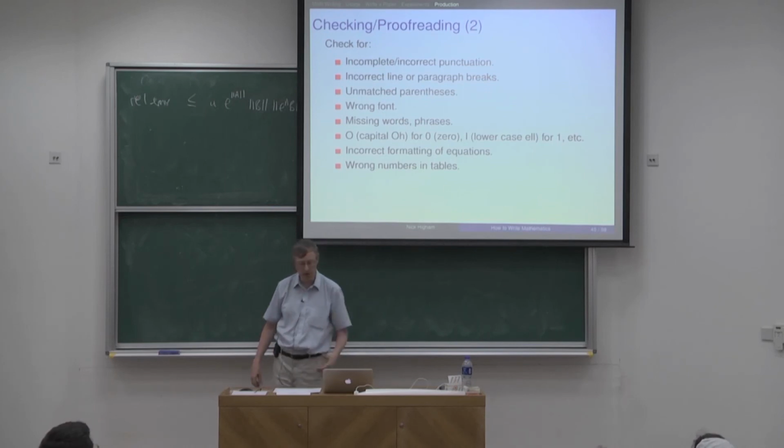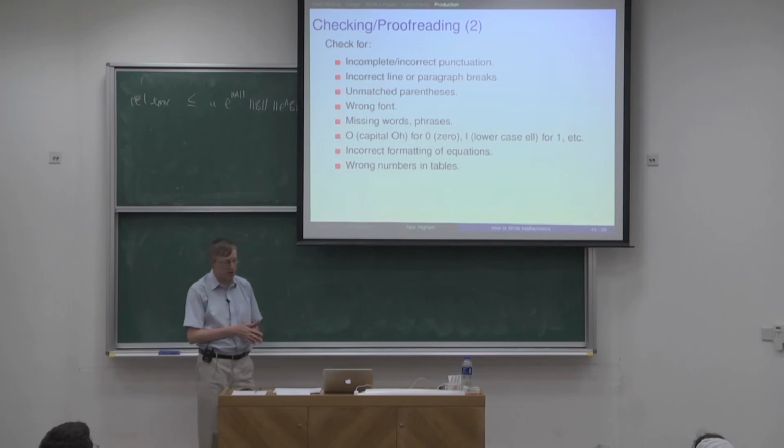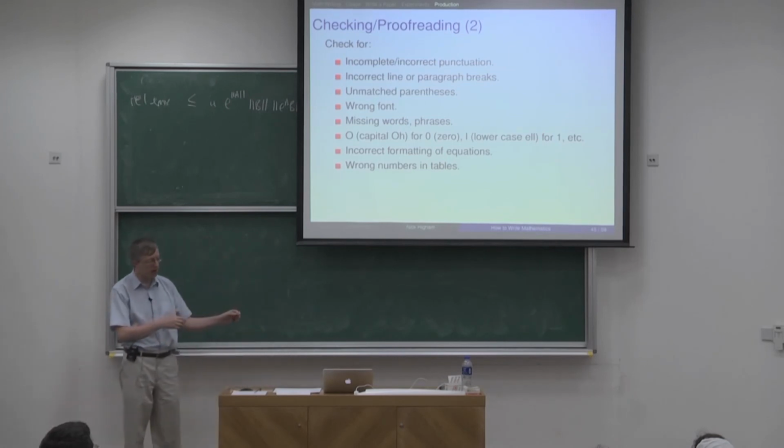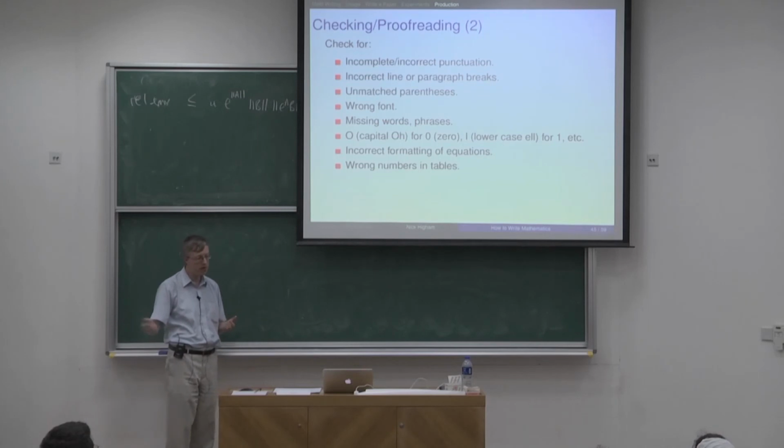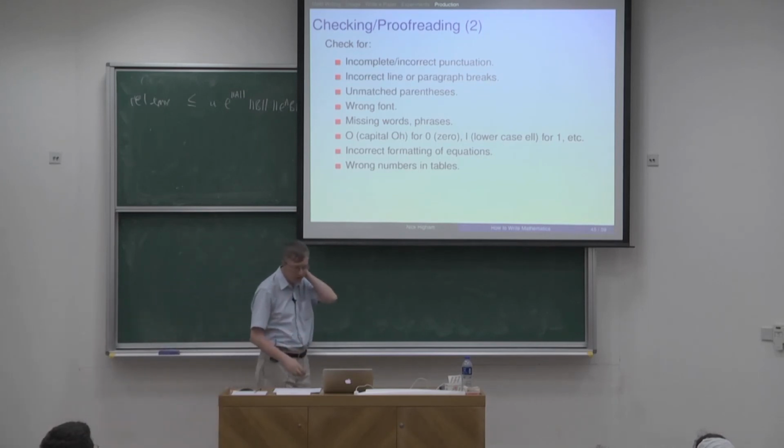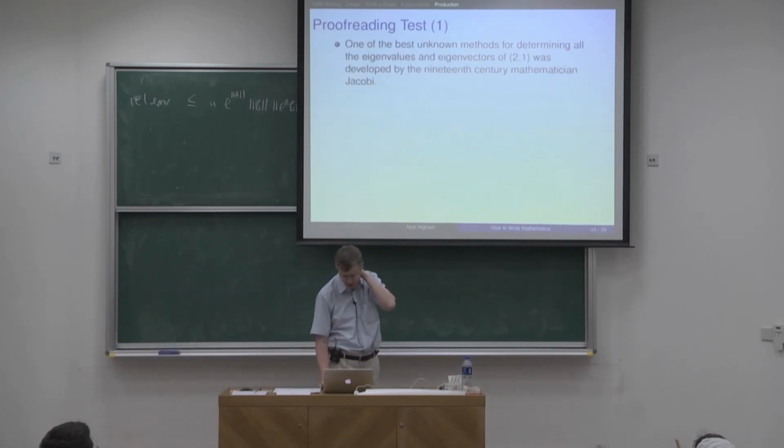So I think the ideal way to do it is to read once through comparing the proof with the original version that you sent in, and then do a second pass just looking at the proof itself and not comparing it with the original. But you do need multiple passes to detect the errors.